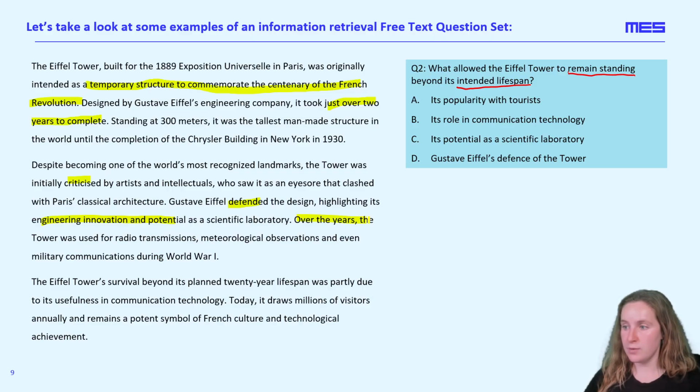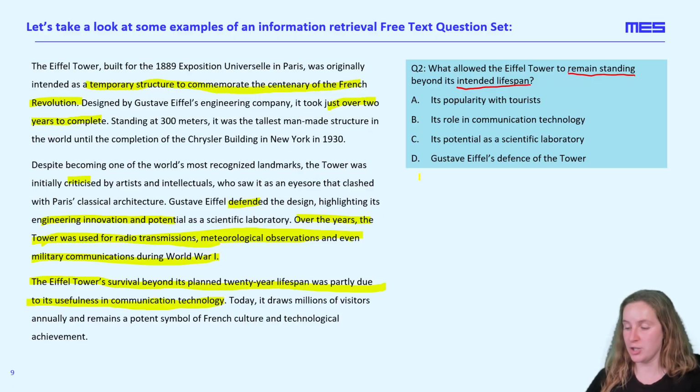It was used over the years. That seems quite important there, why it was used, possibly a reason why it was kept rather than just as an exhibition.